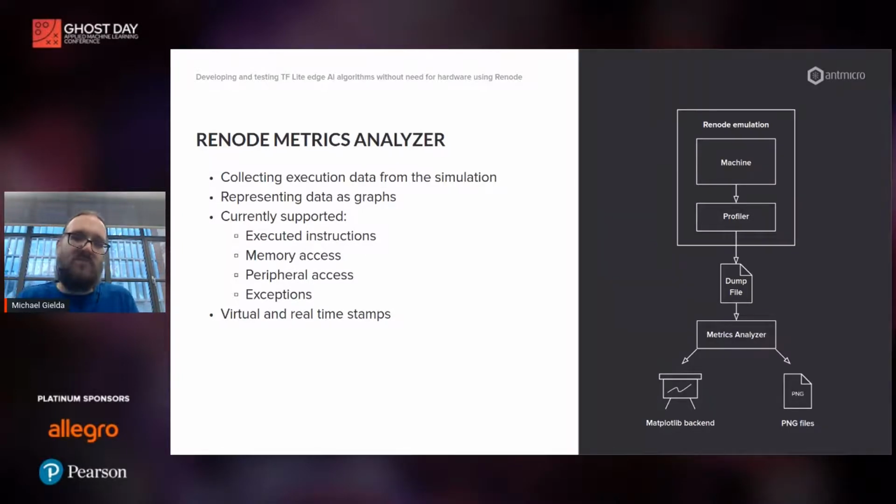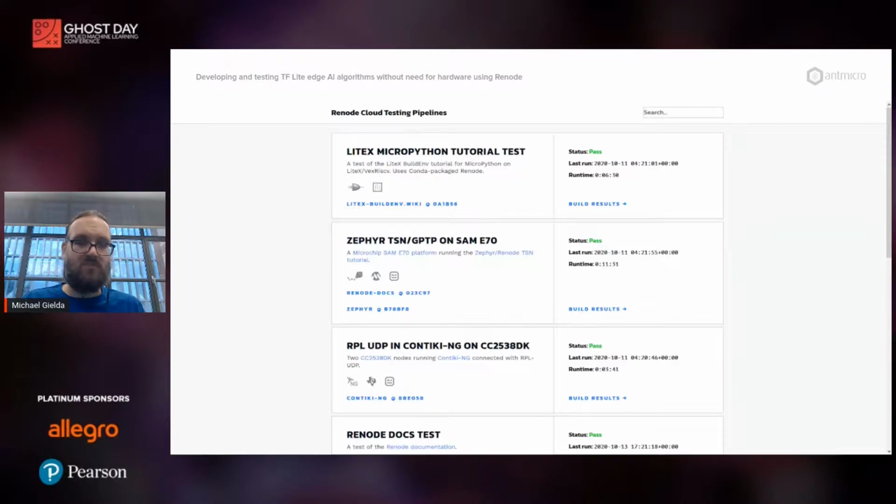And we have virtual timestamps that we are capable of, so you can track your progress inside this virtual time world that we create so that the data will be deterministic. I think that's a very important feature.